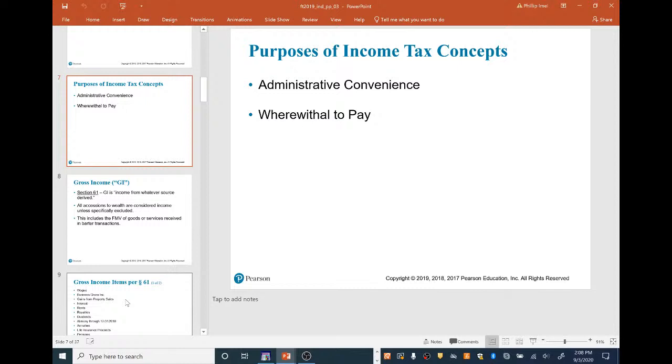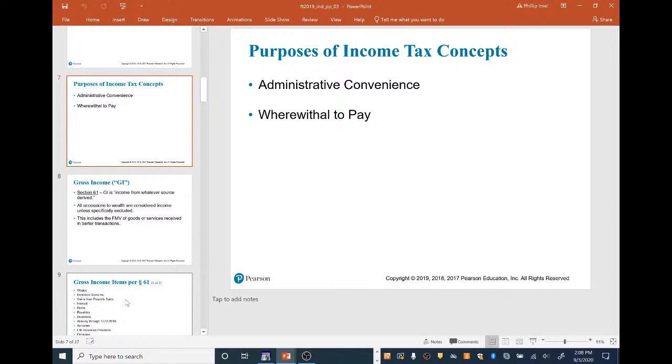So there's not going to be any tax on the $30,000 appreciation until the disposal of the land, right? So that's what we mean here by administrative convenience. So only when you dispose of the asset, if it appreciates in value, are you going to be taxed on that. So that's the administrative convenience.